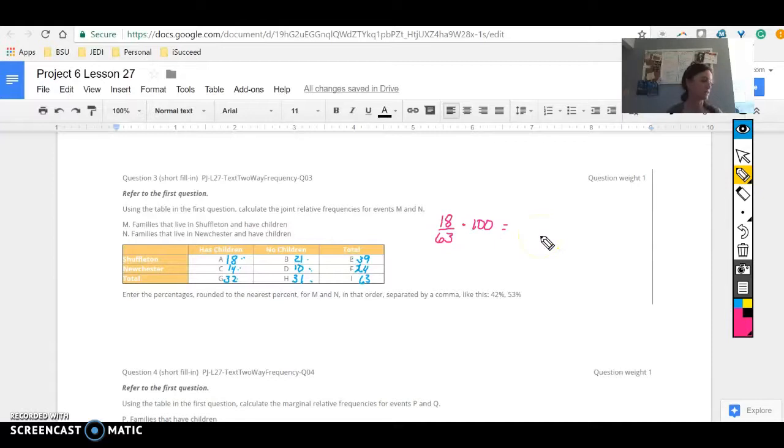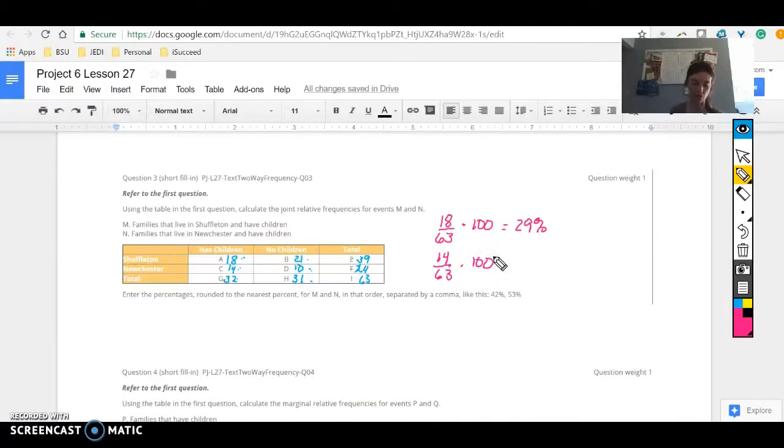Okay, so when I do that math, 18 divided by 63, I get 0.285, which will round to 0.29, and multiply by 100 is 29%. Okay, and then we can do the same thing, families that live in Newchester and have children. So that is going to be 14 over 63 times 100.